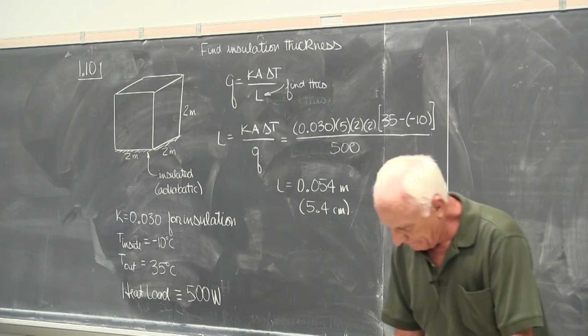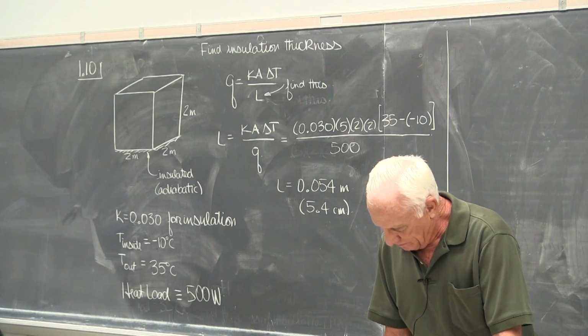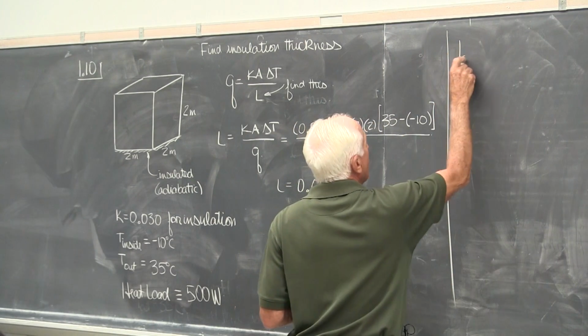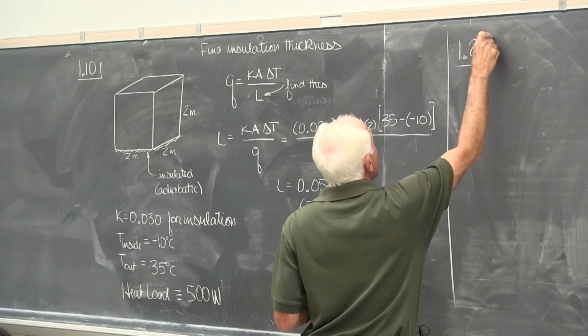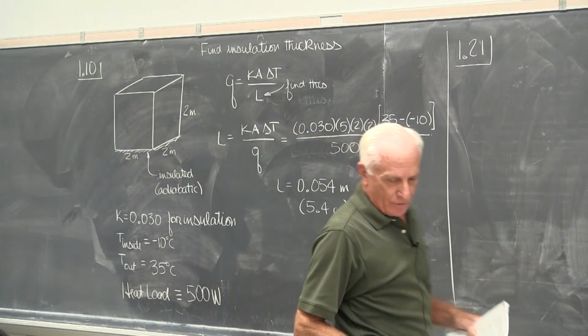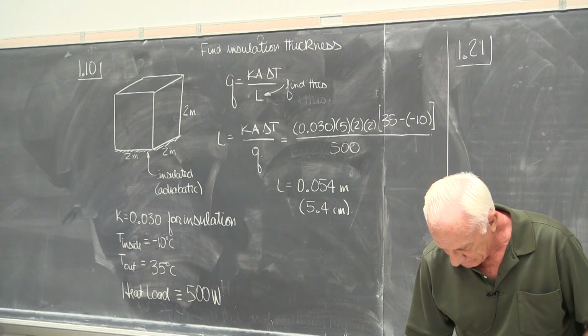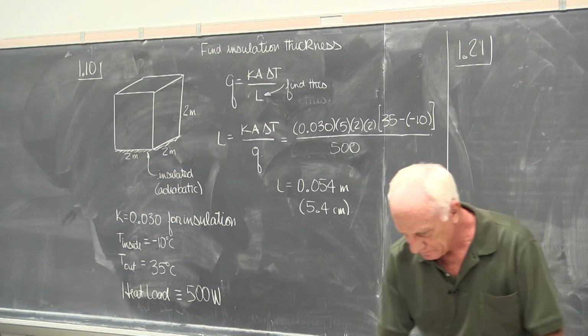Let's see here. Homework, you have 23. I'll do 21.121. Okay, I'm going to read 21.121. There's no picture.